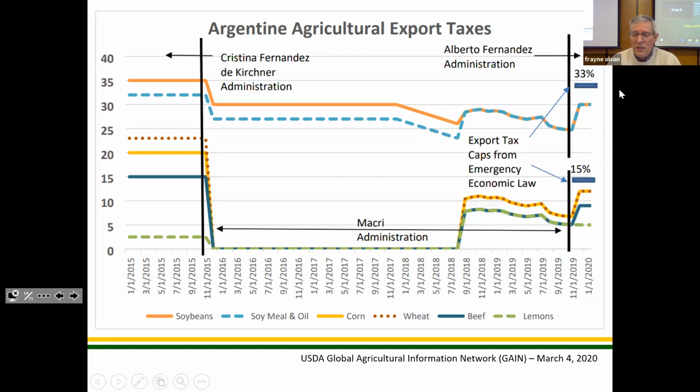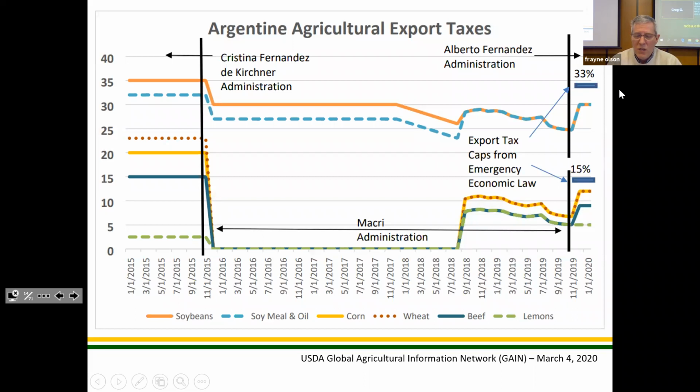One of the things they recently did, because they had a change in leadership and their president changed, is return to increased export taxes. There's now an export tax on soybeans, corn, wheat, as well as soybean meal and soybean oil. The relative tax rate between raw soybeans and soybean oil and meal makes a difference because they're trying to incentivize Argentina to crush their soybeans before export. So they're not exporting a lot of soybeans as a whole product, but a lot of oil and meal.